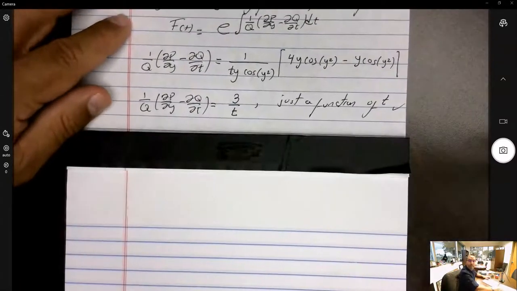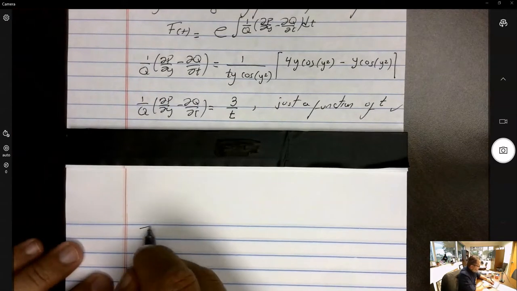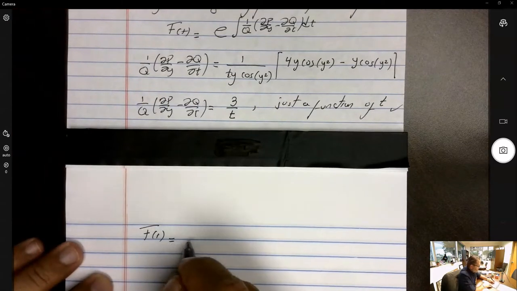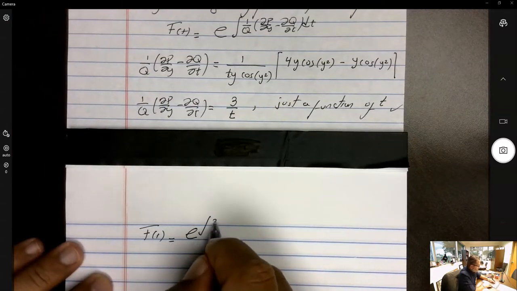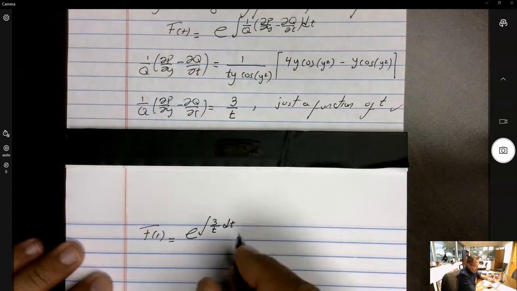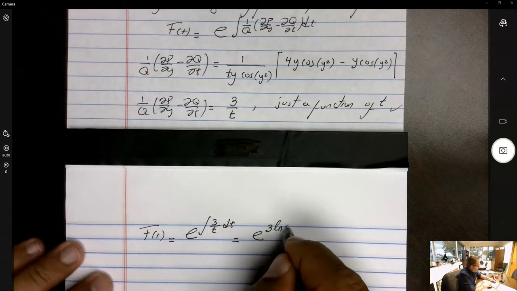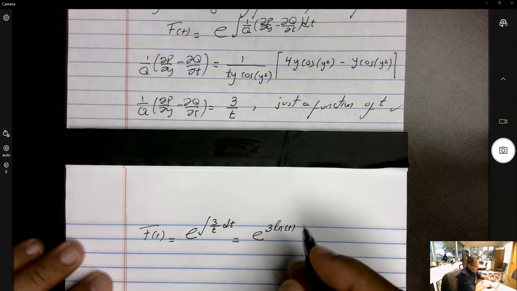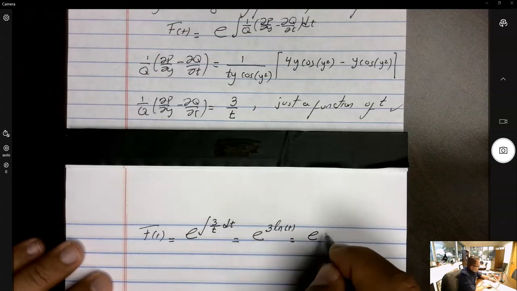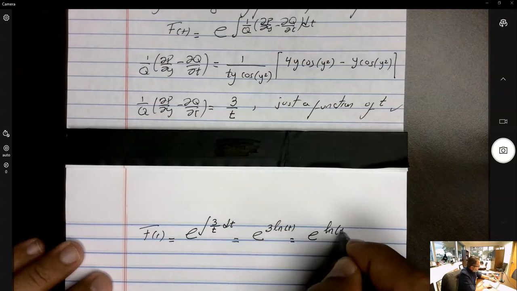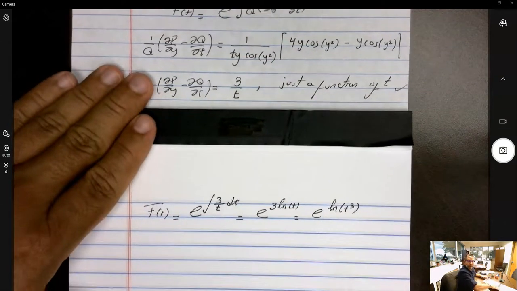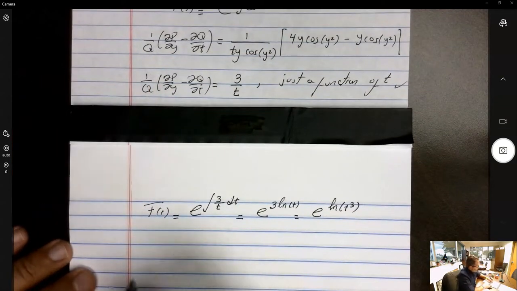So the integrating factor f of t is e to the integral of this integrand dt, which is e to the integral of 3 dt over t, which is 3 log of t, so it's e to the log of t cubed, and e to the log of anything is just that anything.